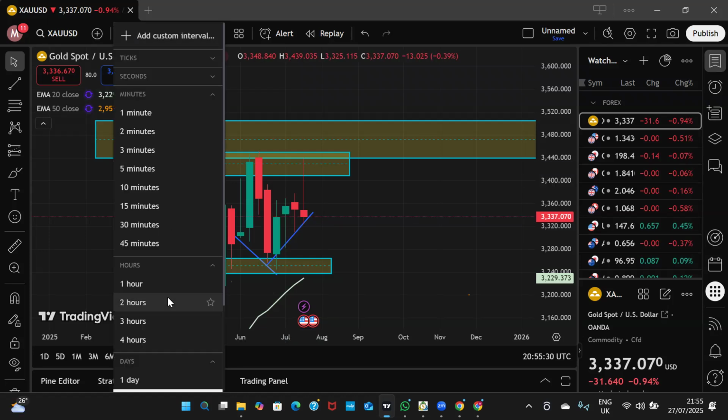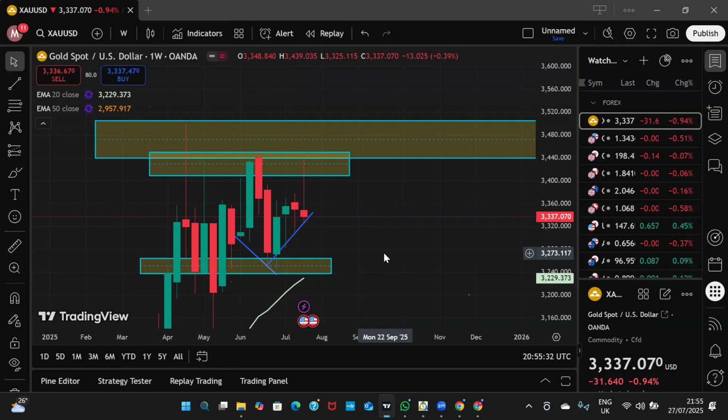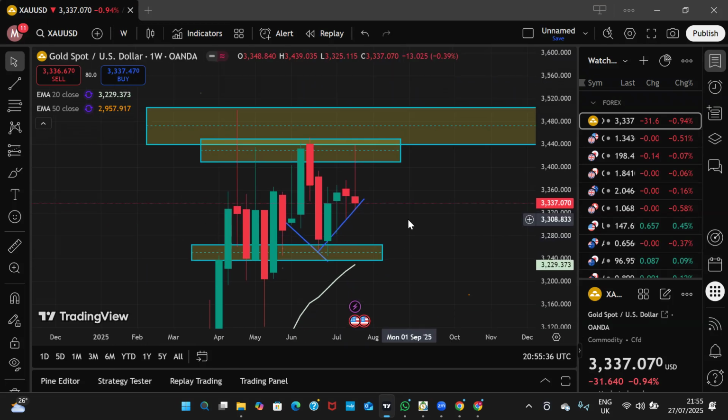So having understood my weekly chart and what the structure looks like, because currently this is gold, this tells me that price has been within the 3445 and 3251 range for a couple of weeks now, struggling to break either above or below.